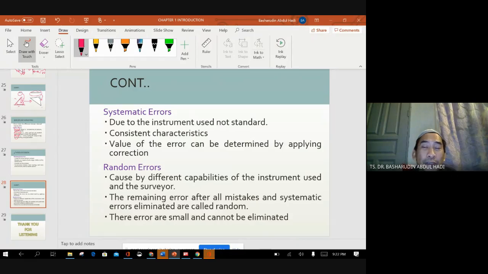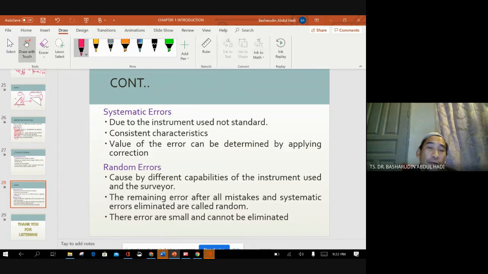You are consistent with all the teams, from Perlis, from Kedah, Perak going to Kuala Lumpur, using the same projection, the same systems. So that means you are consistent in characteristics, so you try to reduce the error. The value of the error can be determined by applying corrections.